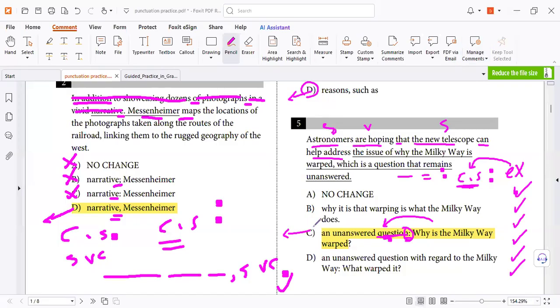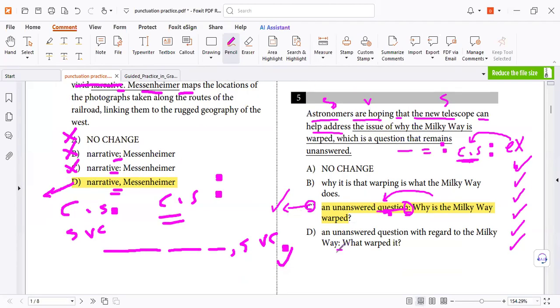Now we found the reason for letter C. Why correct? But wait, we have the rules. Before the colon, is it complete from the beginning to the colon? Yes, it's complete. But it's long, redundant, too long. In English, we always try to bring the shorter one, but with no mistakes.